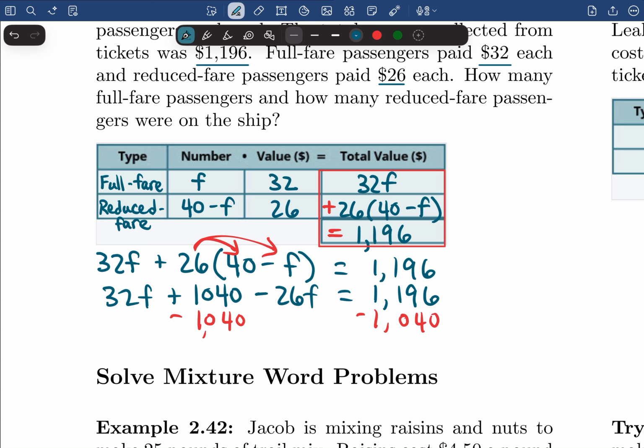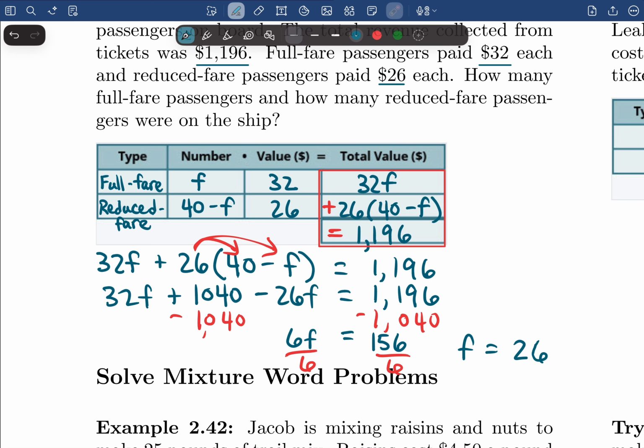And 32F minus 26F gives me 6F. And that equals 1,196 minus 1,040, which gives me 156. I'll now divide by 6, and I've solved for F. F equals 26.